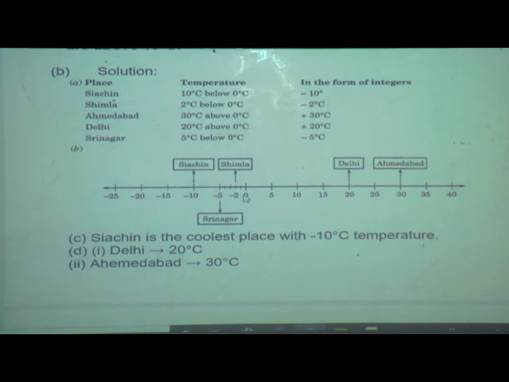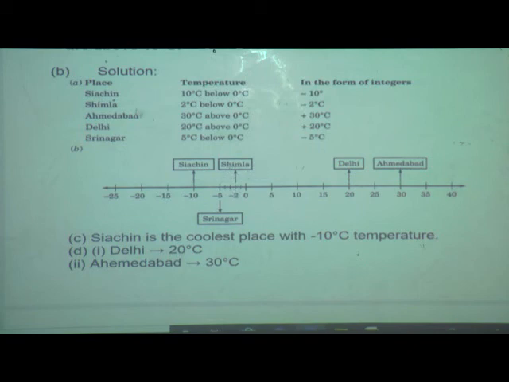We don't have minus 2 marked, but we know it is between 0 and minus 5. So you can just plot small lines: 1, 2, 3, 4 and minus 5. So we have minus 2 here, and it represents the temperature of the city Shimla.